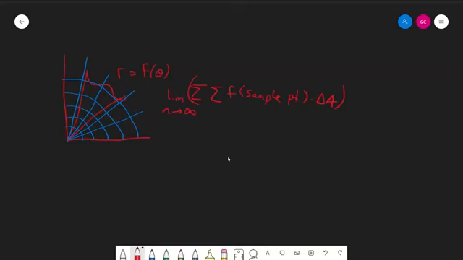Right, I'm leaving out some of the notation here. I'm keeping it kind of breezy, but this is the basic idea. So let's look at this factor right here. What is the area of one of these little pieces? Well, we have, again, a polar rectangle, which is in between two circles and in between two rays here.